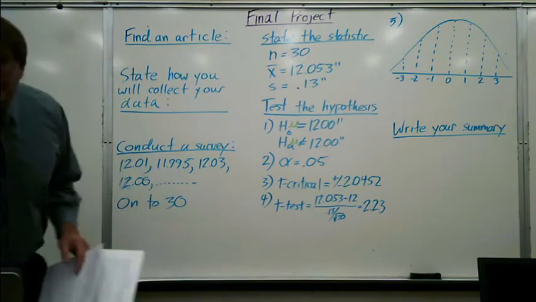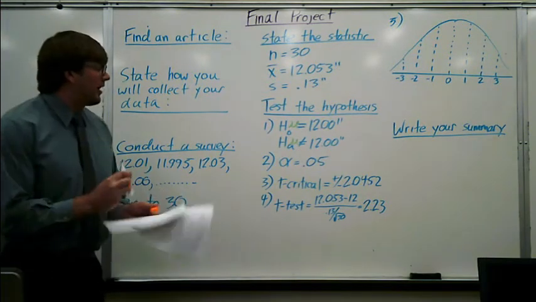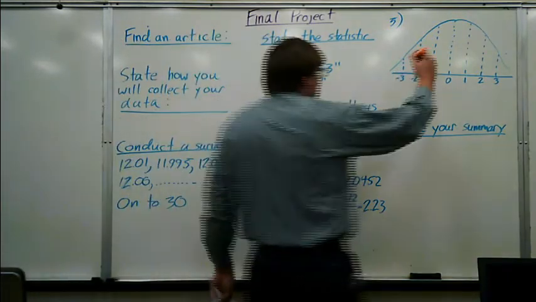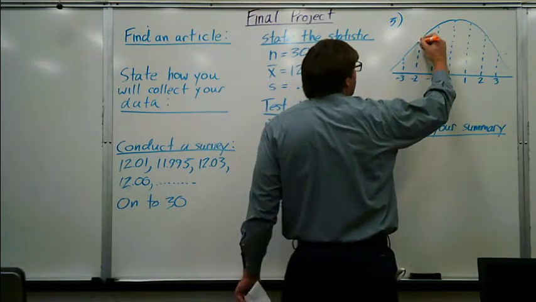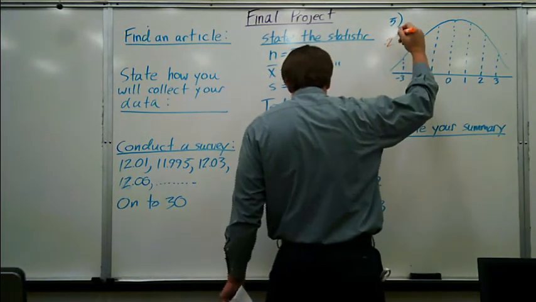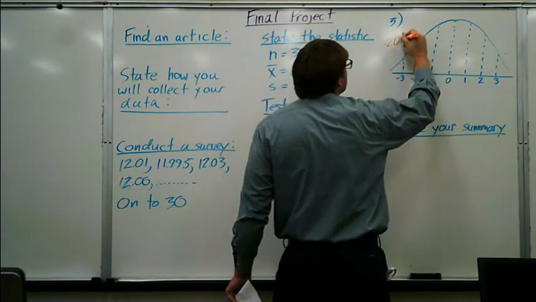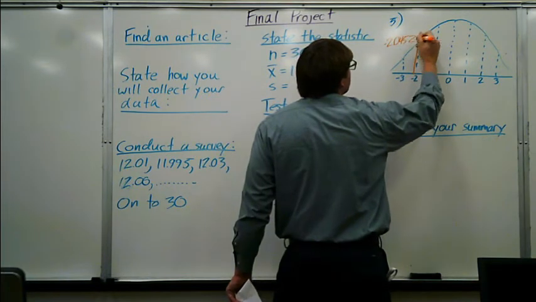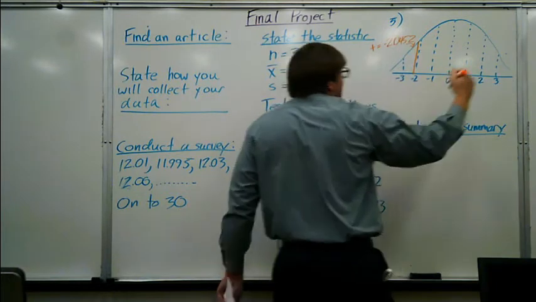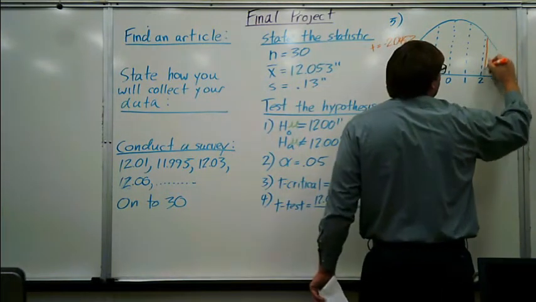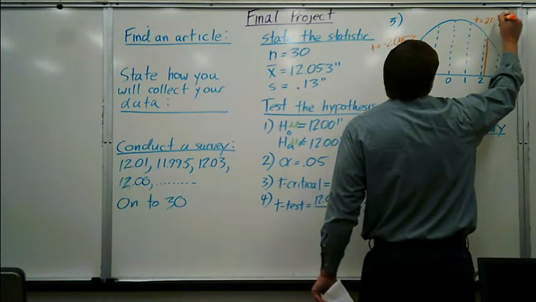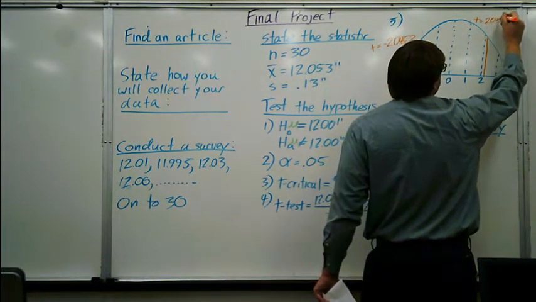So let's just take a second and identify our rejection regions. We got negative 2.04, and positive 2.0452.